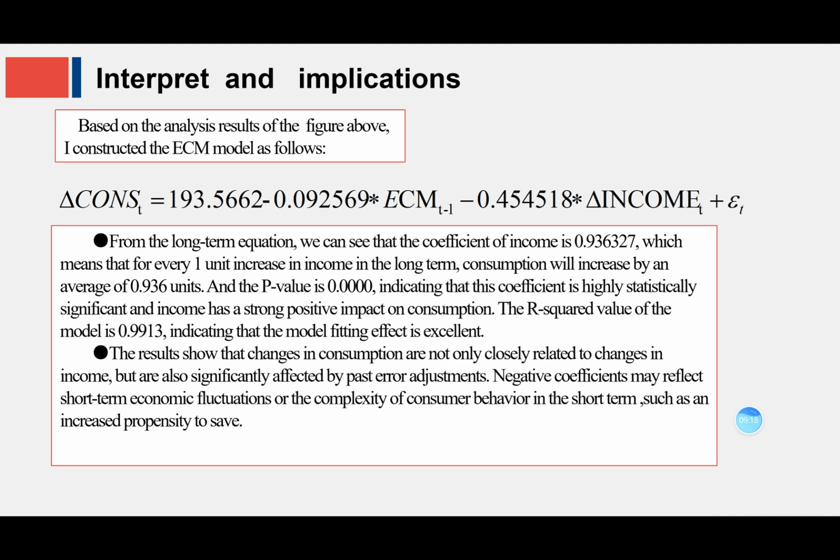Negative coefficients may reflect short-term economic fluctuations or the complexity of consumer behavior in the short term, such as an increased propensity to save.